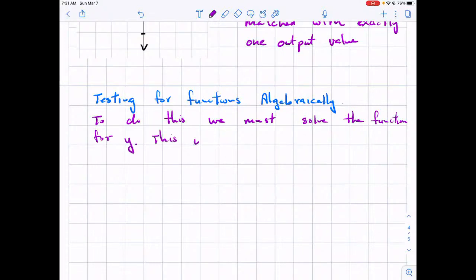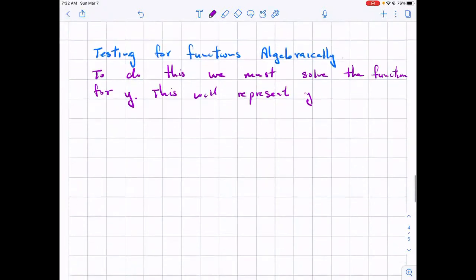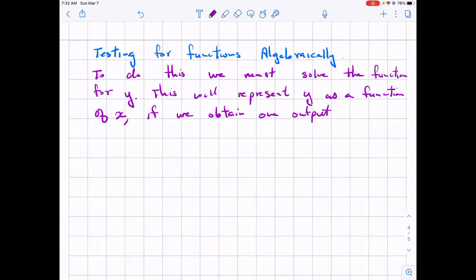This represents y as a function of x if we obtain one output for each input.